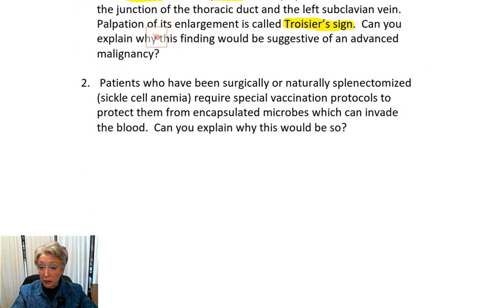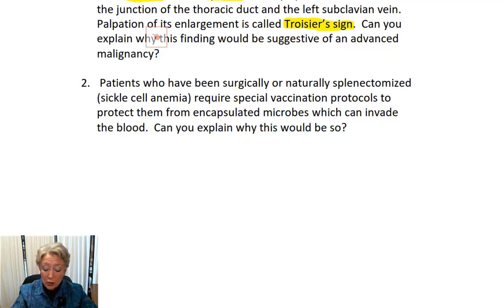Our next question. Patients who have been either naturally splenectomized, patients who have sickle cell anemia, or patients who have had trauma or some other condition that required them for clinical purposes to be surgically splenectomized, these patients, before they even leave the hospital in the case of the surgical removal of the spleen, will require special vaccine protocols in order to protect them from things that they otherwise, when they possessed a spleen, would not have had trouble managing.